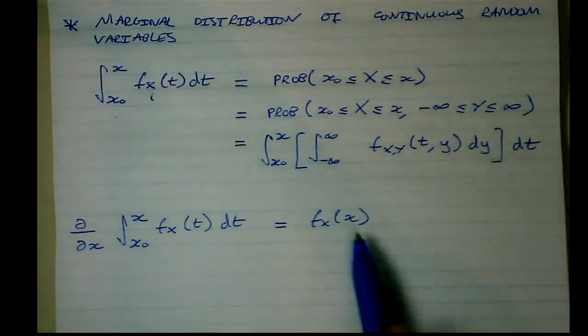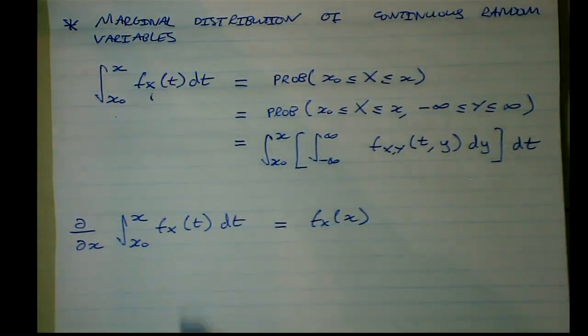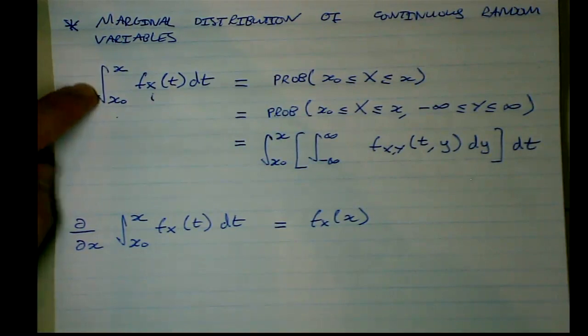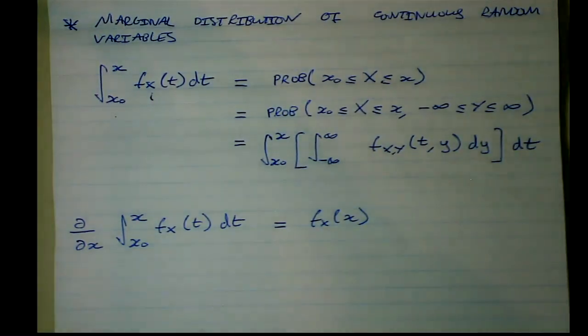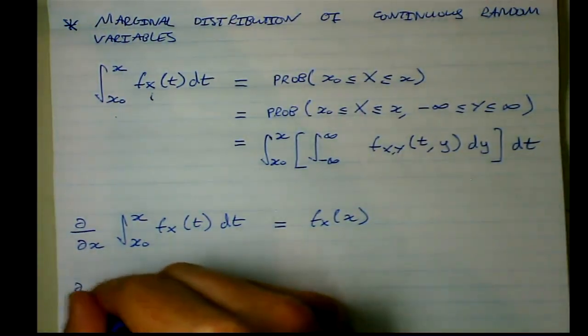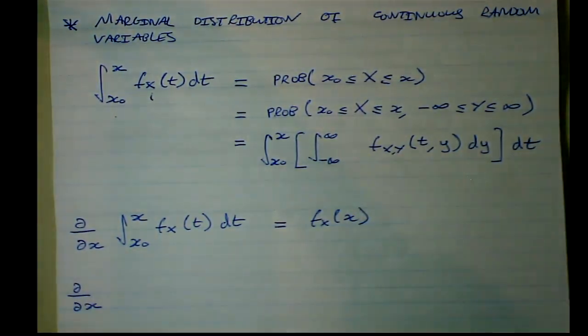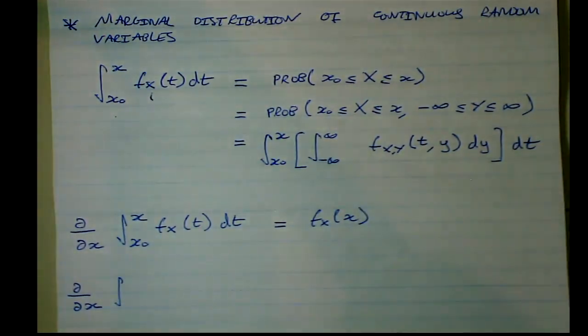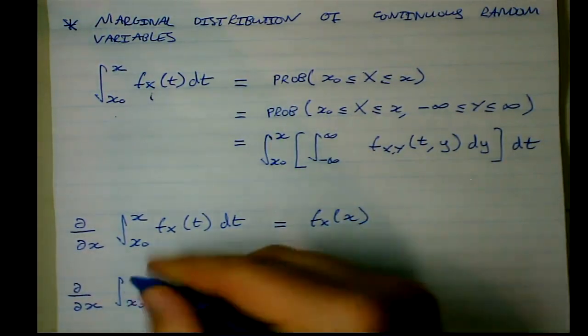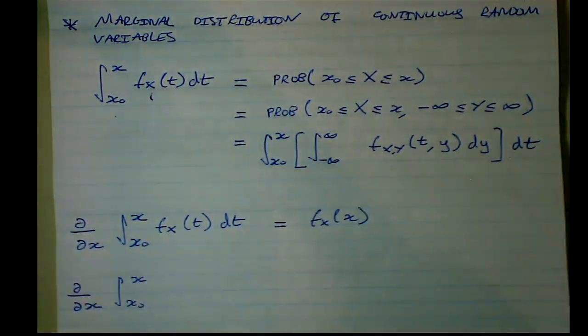So I'm after fX of x. What do I need to do? I need to differentiate this with respect to x. Yep. All right, let's do it. So, d by dx. What am I after? I'm after the integral between x0 and x.